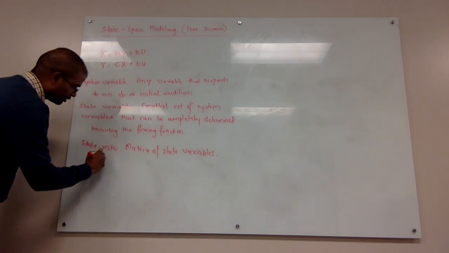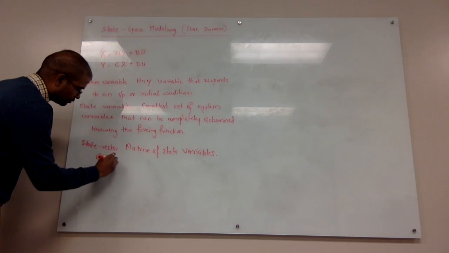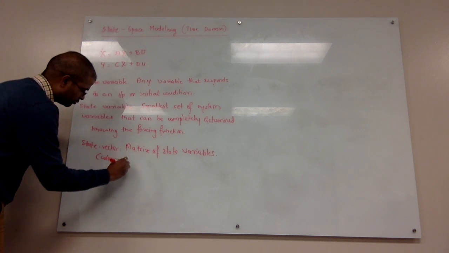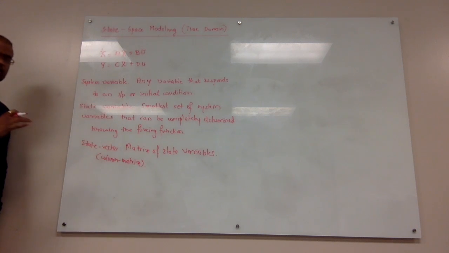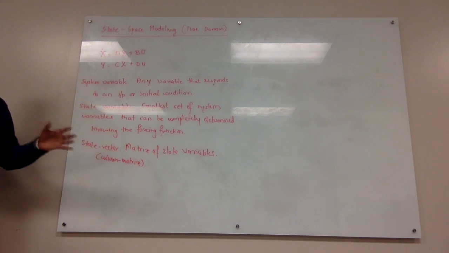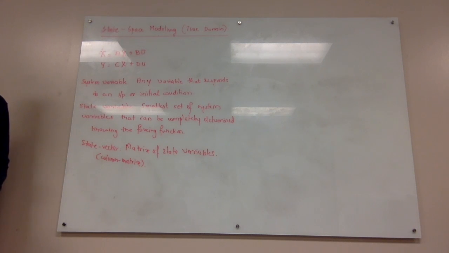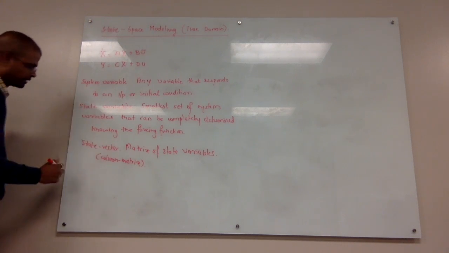Here it just means a column matrix. It doesn't have the physical significance of physics, a quantity which changes in direction and magnitude. In mathematics, vectors are represented by column matrices. So this is just a column matrix.